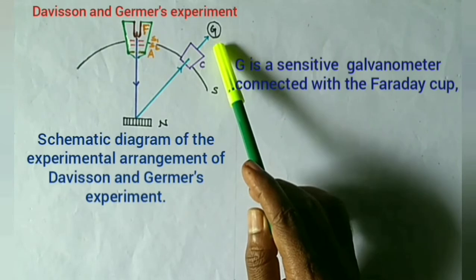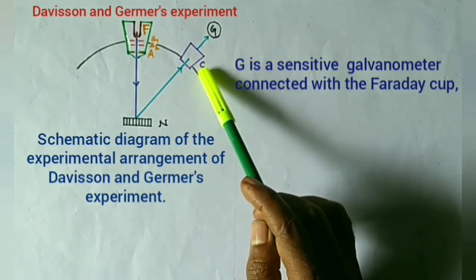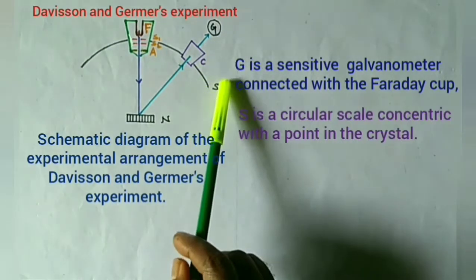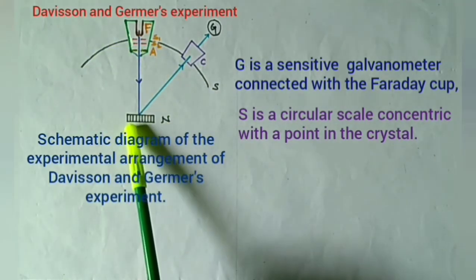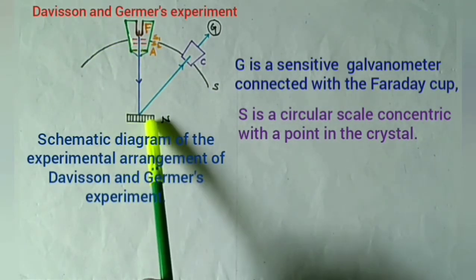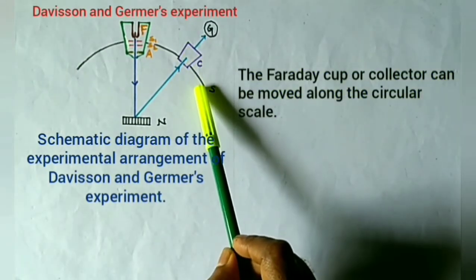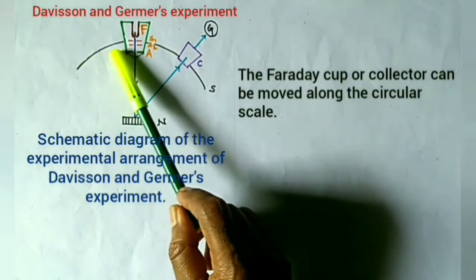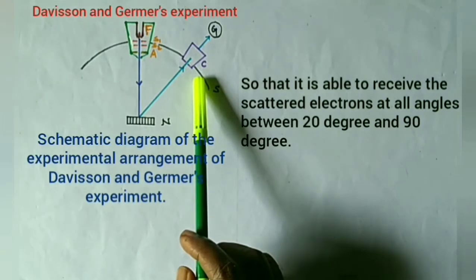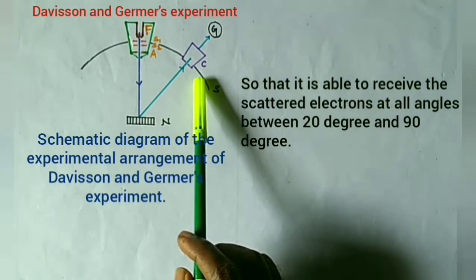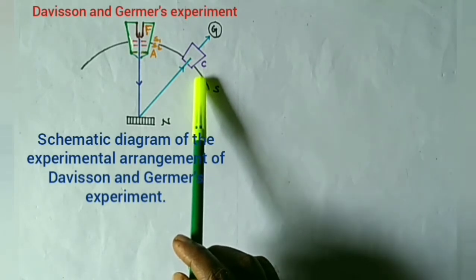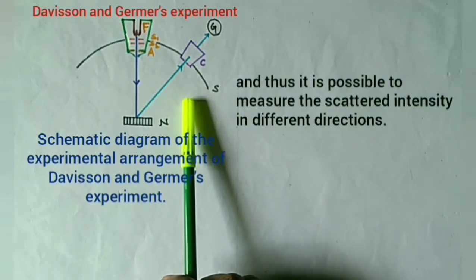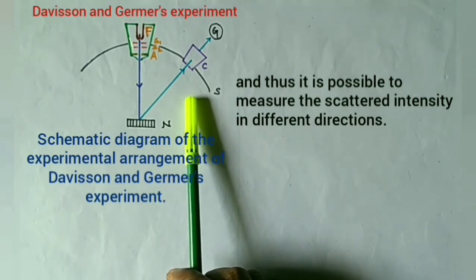G is a sensitive galvanometer connected with the Faraday cup. S is a circular scale concentric with a point in the crystal. The collector can be moved along the circular scale so that it is able to receive the scattered electrons at all angles between 20 degrees and 90 degrees, and thus it is possible to measure the scattered intensity in different directions.